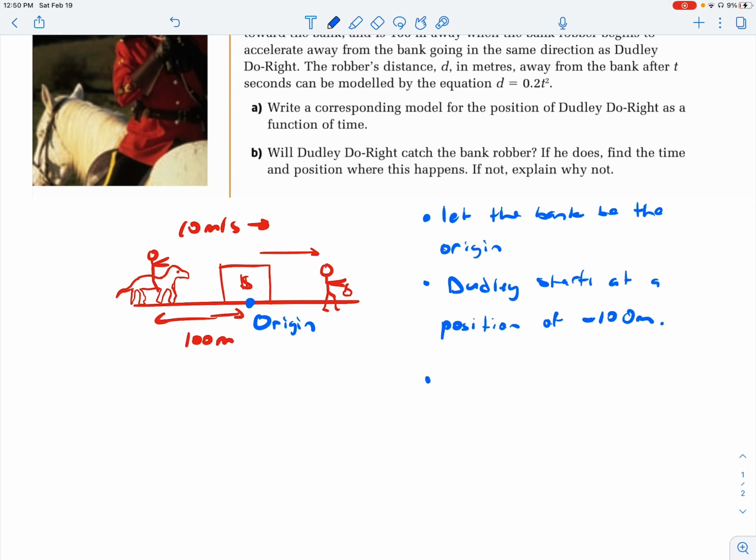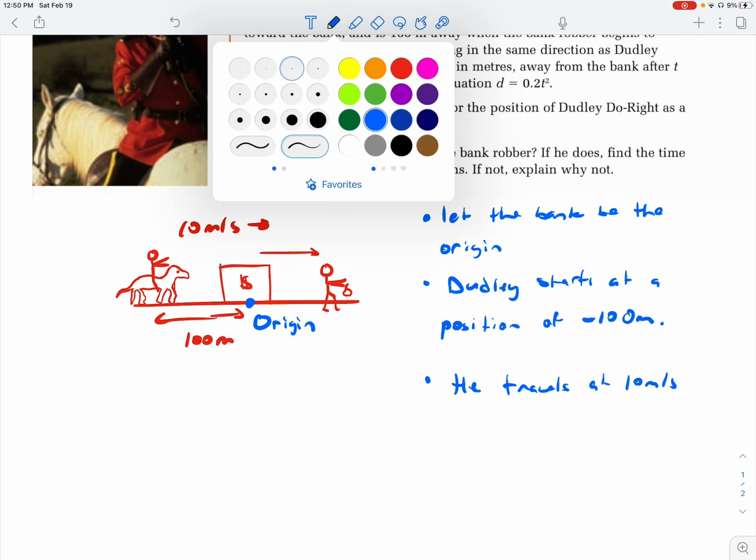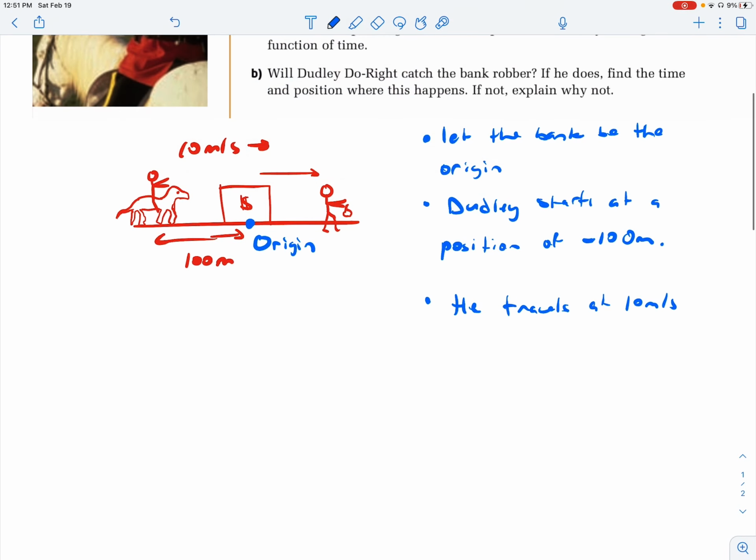We also know he travels at 10 meters per second. So he's going this way, 10 meters per second. That means his position could be equal to, he starts off at negative 100, but then he's going 10 meters per second. So his position will be 10 meters times time.